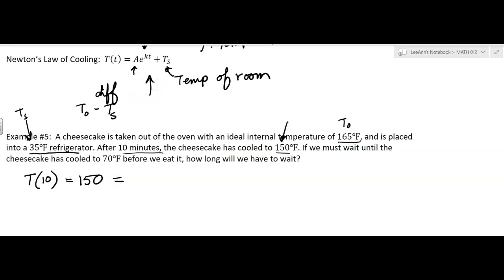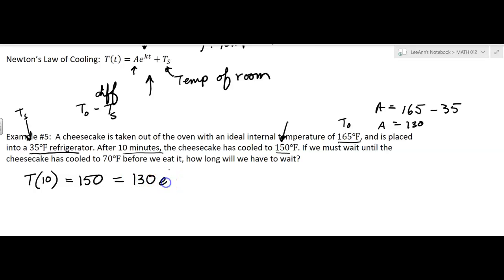So we need the difference. We need to know what 165 minus 35 is, and that's going to be A. So you take the difference between the hot temperature, the initial temperature of the object, and subtract the surrounding temperature. And what's that? A is going to be 130. So A is 130.